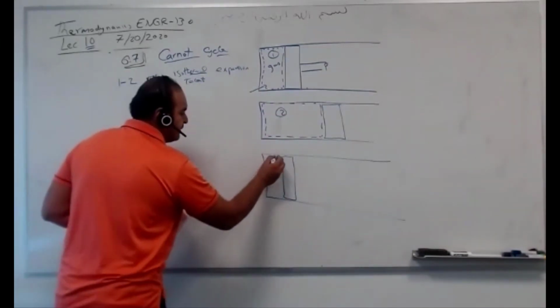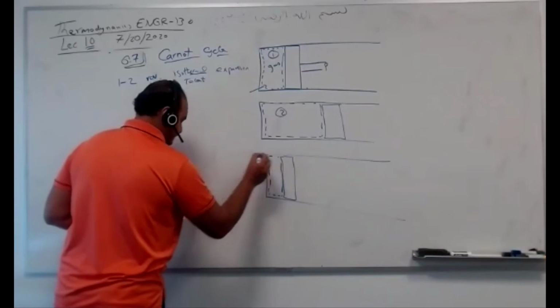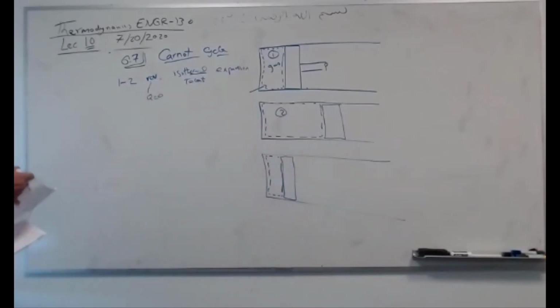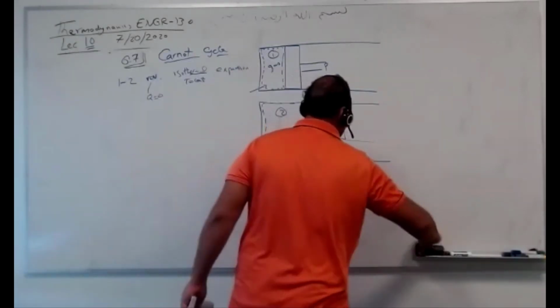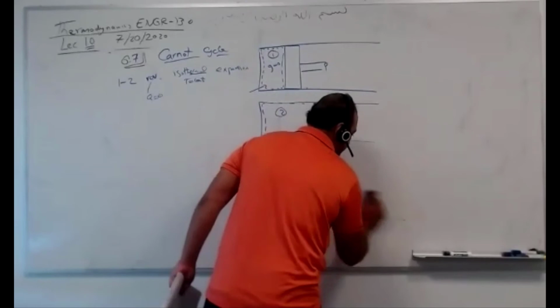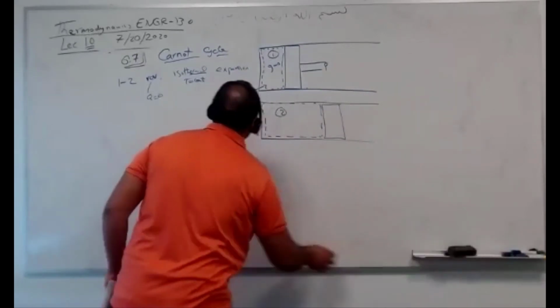From 2 to 3, actually, let me draw it differently because we have also expansion here. So the first expansion was isothermal.